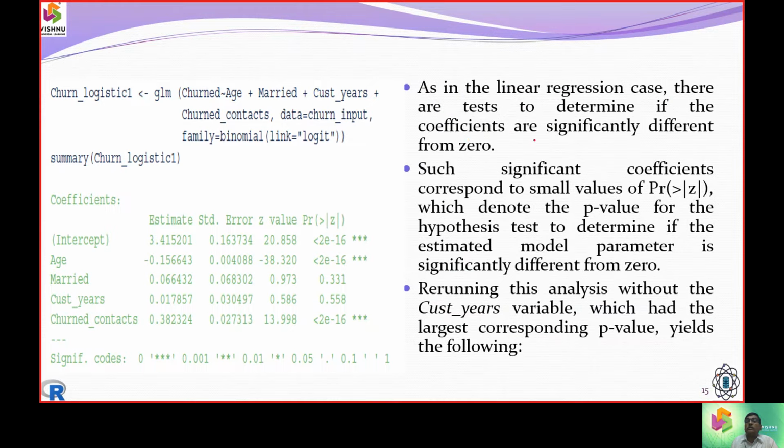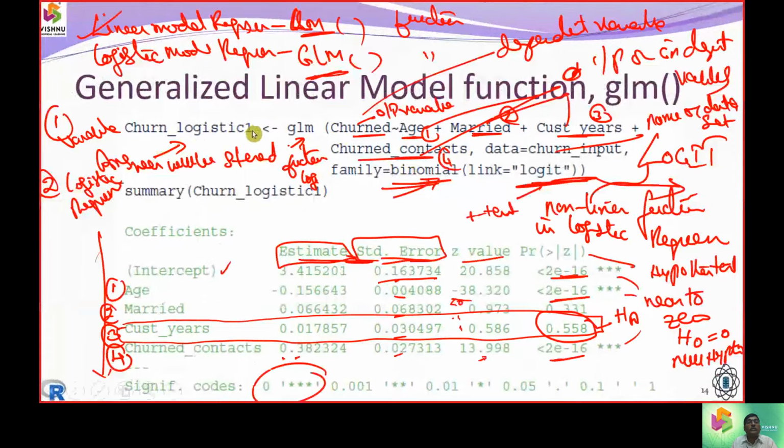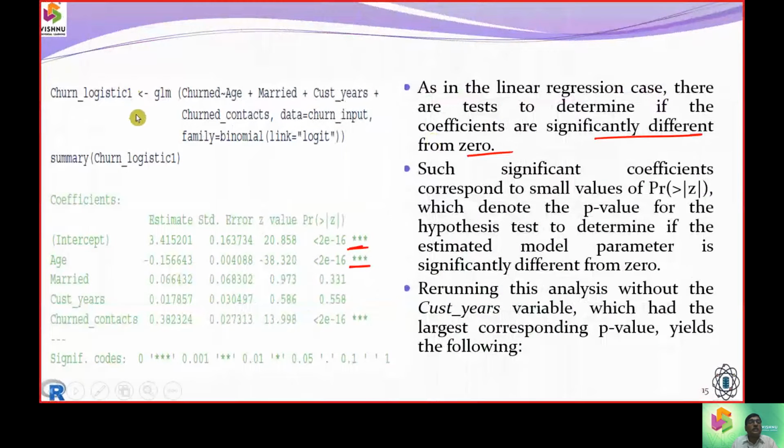Next one was whether the values are statistically 0 or not, we need to give the answer. As we have done in the regression model, the same we are going to do. So first, you have to see it is churn logistic 1. Now again, we are working on the same churn logistic 1.